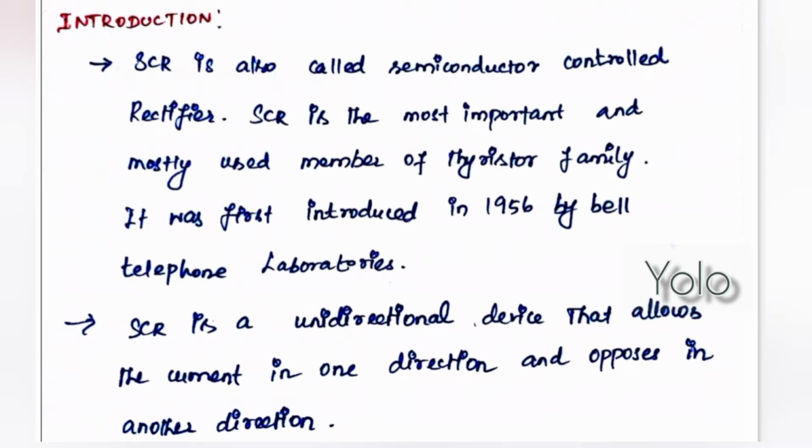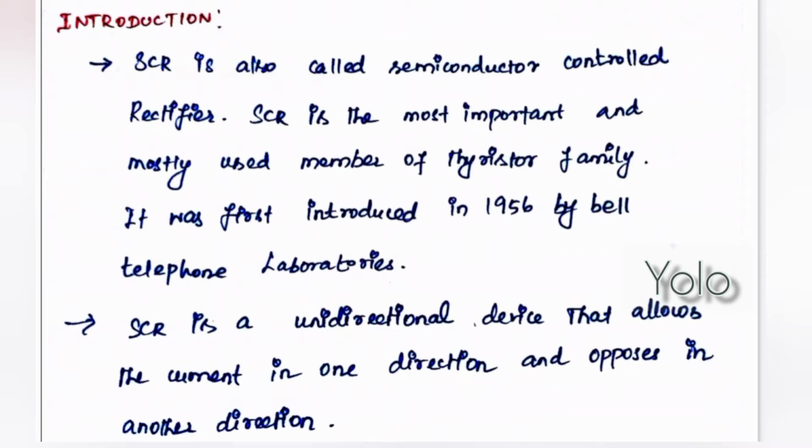It converts AC into DC and at the same time it can control the amount of power fed to the load. SCR can be seen as a conventional rectifier controlled by a gate signal. When the gate to cathode voltage exceeds the threshold voltage, the device turns on and conducts current.